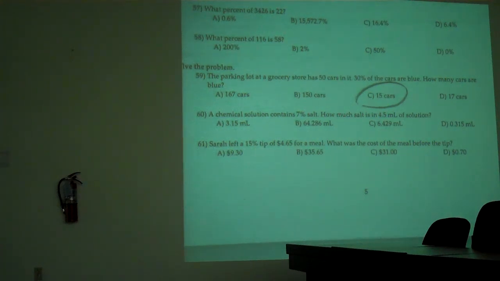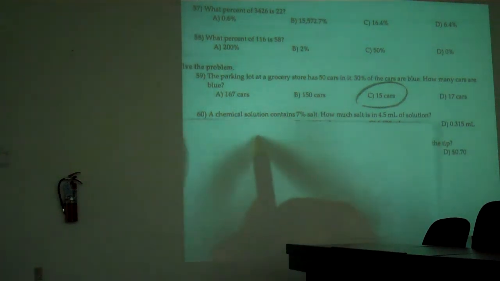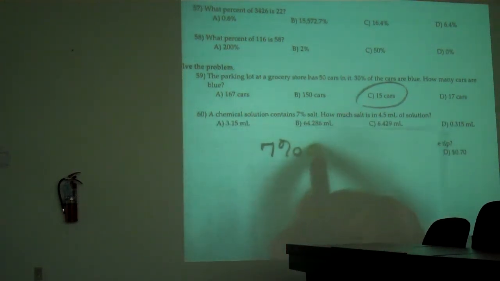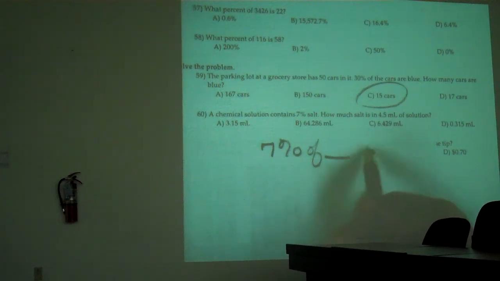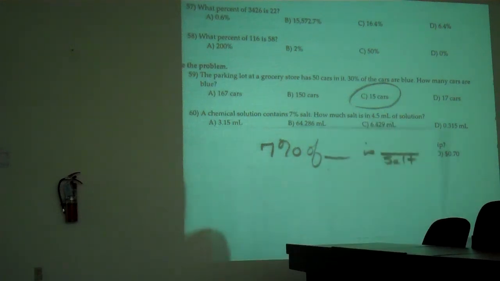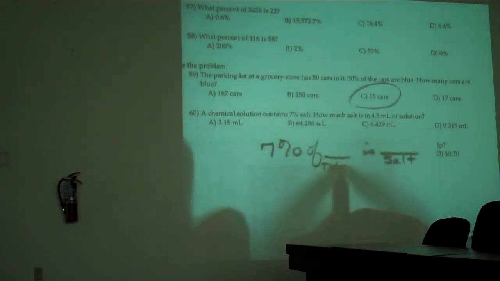A chemical solution has 7% salt. How much salt is in 4.5 milliliters? 7% of the total solution is salt. Okay, what part do we know? We know how much total solution there is, right? This is our total solution.